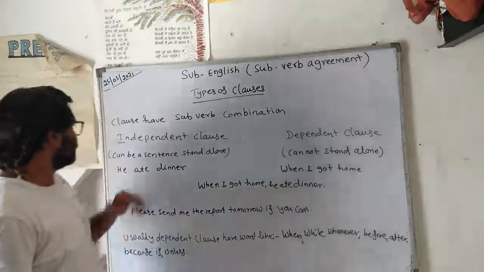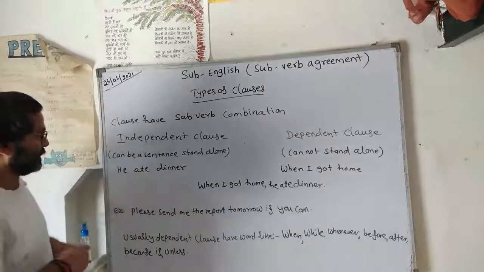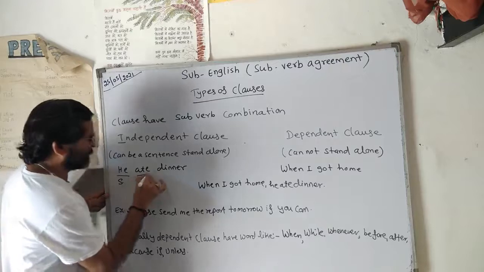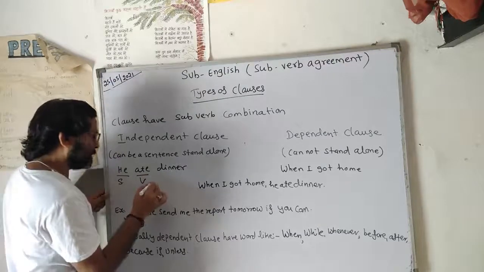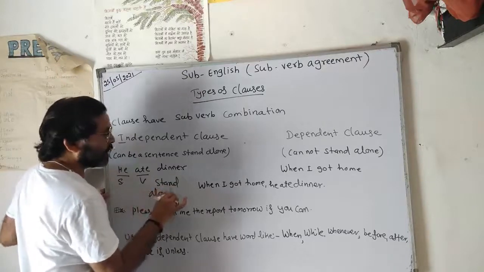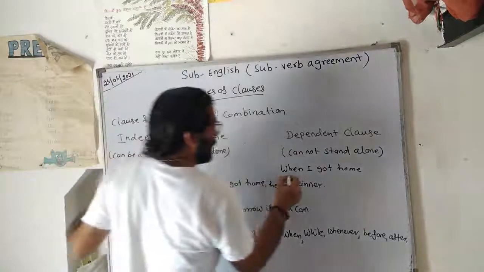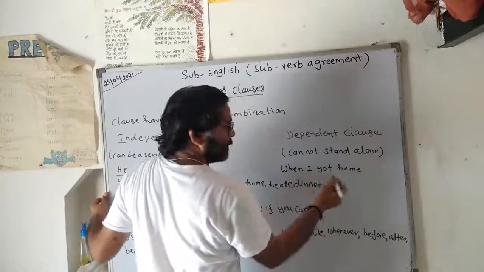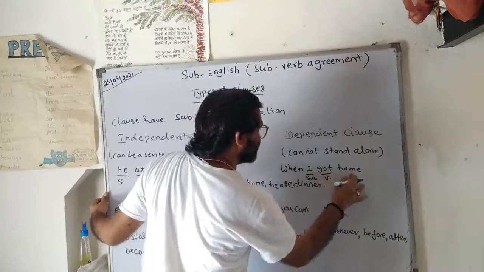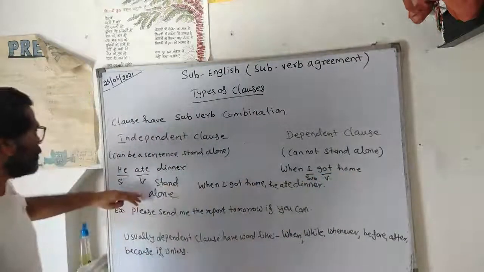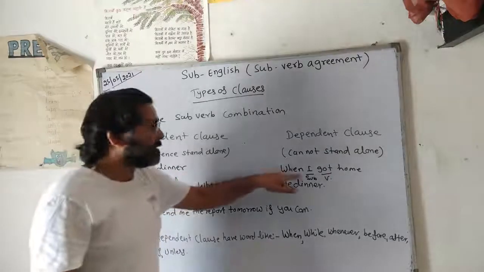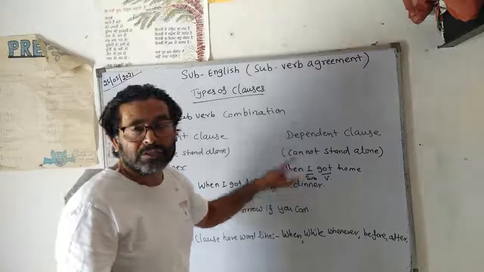For example, "he ate dinner." This has a subject and verb, and this sentence can stand alone. But "when I got home": I is the subject and got is the verb. This also has the same content, but why can this not stand alone?